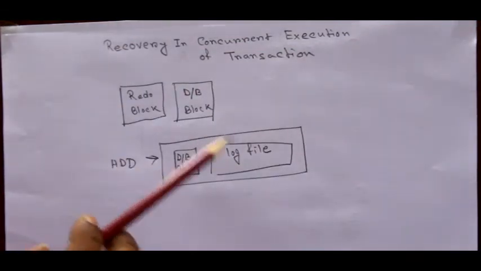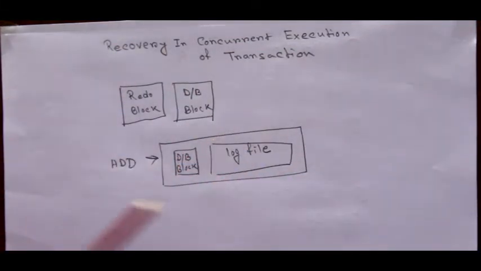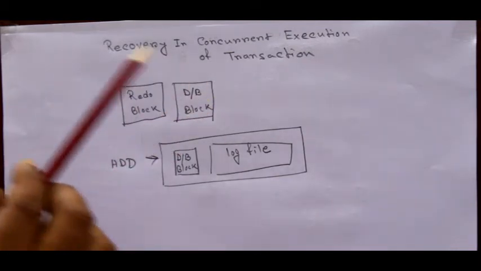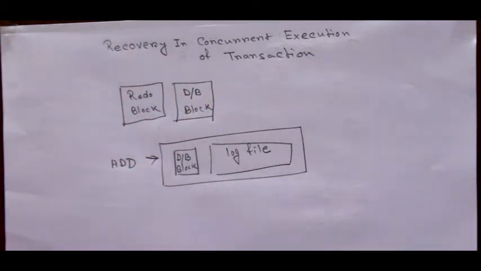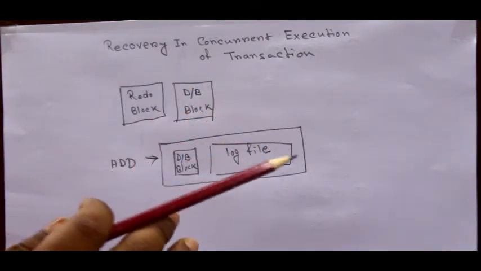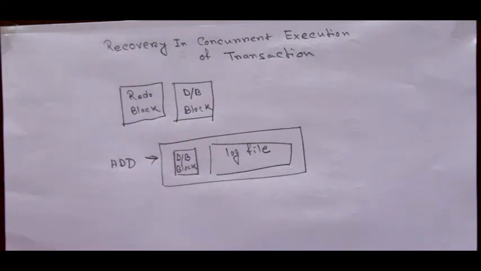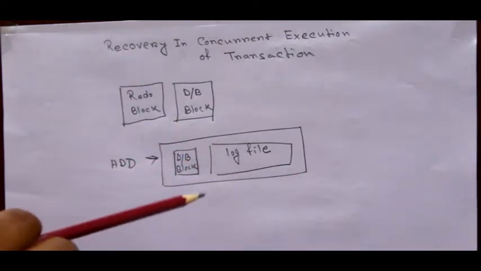The log file contains all the information regarding your transaction. That means which transaction starts when and which transaction fails when; each and every detail is contained in the log file. So the log file is very important.